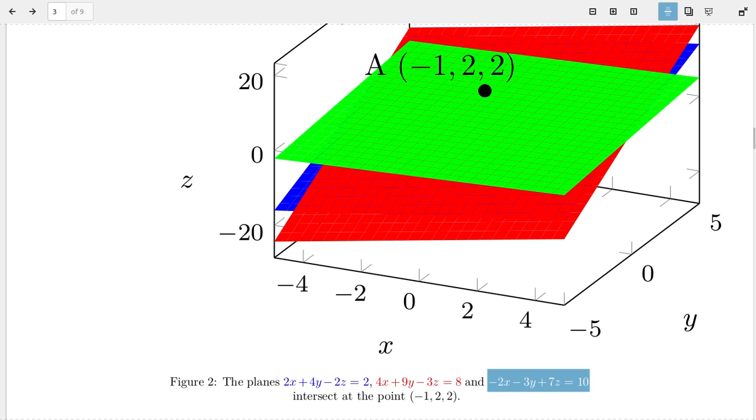So this is the unique solution to this set of equations. Right? So we can think of the solution to three simultaneous equations in three variables as the intersection point of three planes. For two simultaneous equations in two variables, we think of the solution as the intersection point of two separate lines.